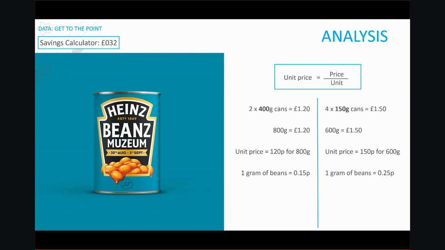So Kevin decides to stick with the 2 times 400 gram cans. And because it's more cost effective for him to do this, he just decides that he's going to make himself a note and reminder to eat the beans that he's putting in the fridge, or have the full can of beans, maybe even having beans on toast for breakfast.